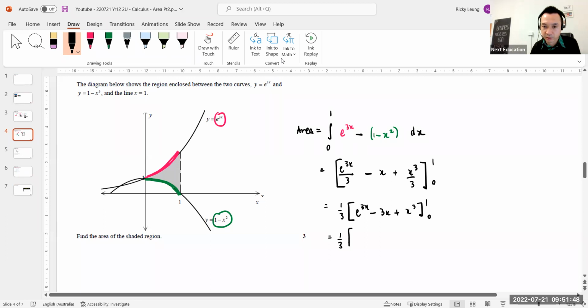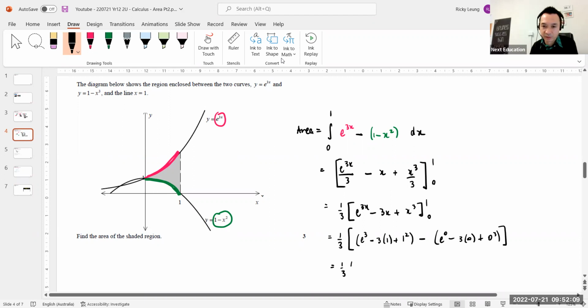All right, let's see what we have here. When I sub in the 1, it'll be e to the power of 3 minus 3 times 1 plus 1 squared, minus e to the power of 0 minus 3 times 0 plus 0 cubed. So nothing too fancy, pretty basic. So what's that become?